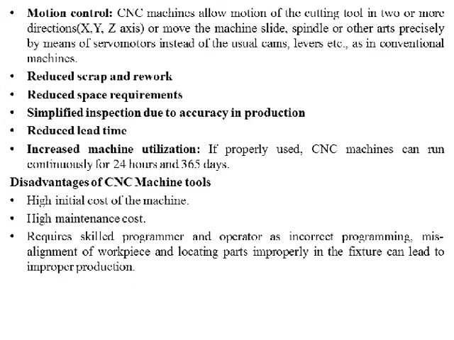Reduced lead time: the time taken to produce a product is less, and hence the lead time will be reduced. CNC machines can run continuously for 24 hours and 365 days, and hence we can say that the machine can be utilized fully. So it is increased machine utilization.